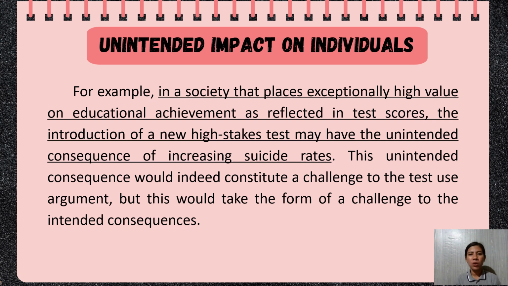Intended impact on individuals. Bachman provides an excellent example of how it would be impossible to predict the effect of test use on each individual who might take the test.